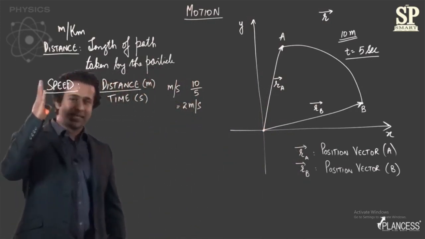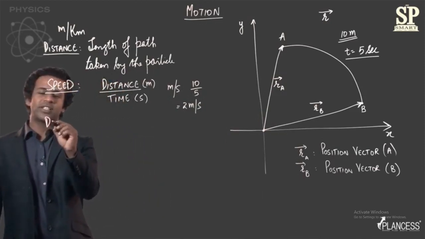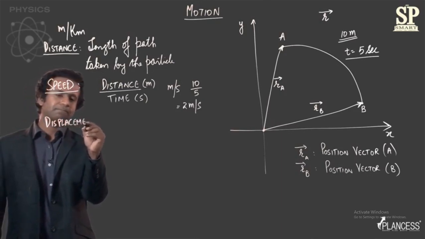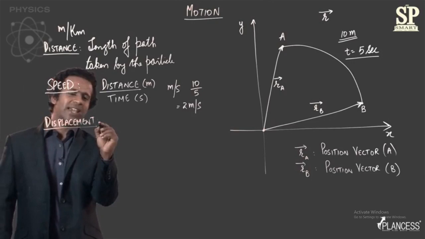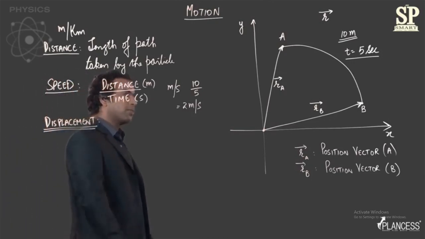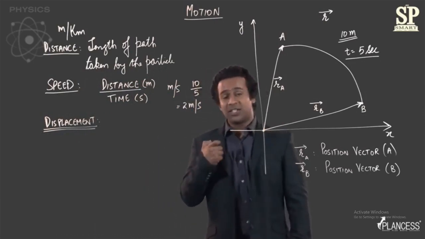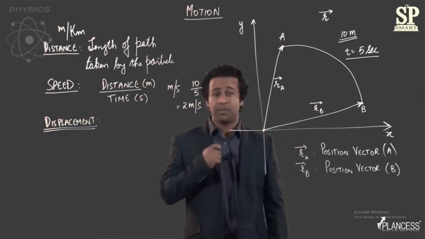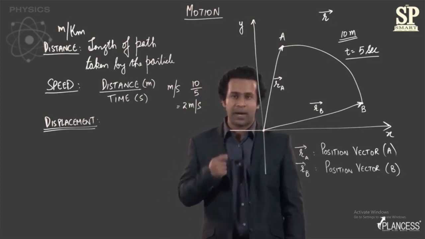We had understood distance and speed. The next parameter which is used to describe motion is called displacement. Now this is once again something you already know about, but still, let's define displacement. Displacement is defined as the shortest distance between the initial and the final position of a particle.